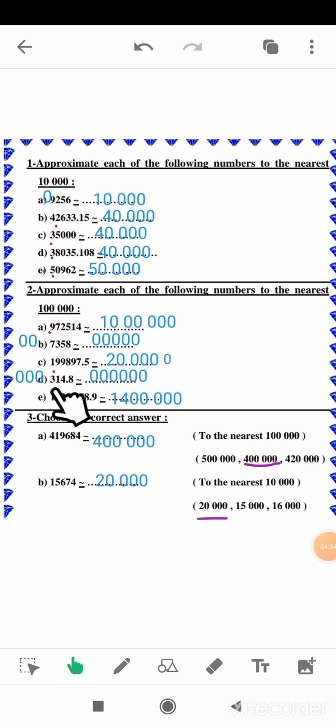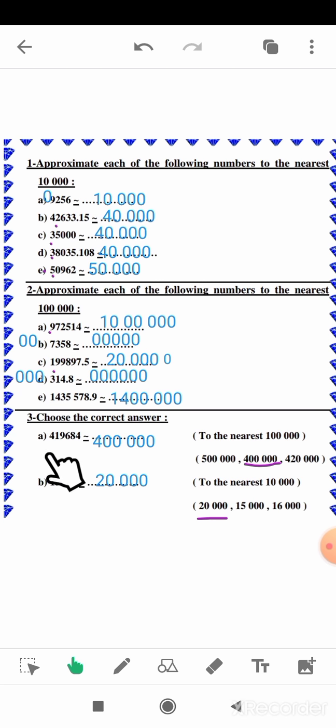In this example, we have units, tens, hundreds, and I have no thousands, 10,000, 100,000. It's 0, so my result is zeros. Number E, we have here units, tens, hundreds, thousands, 10,000, 100,000. Stop here at 4 and look at 3. 3 is a poor number, so it will be replaced by zeros. All the numbers are replaced by zeros.